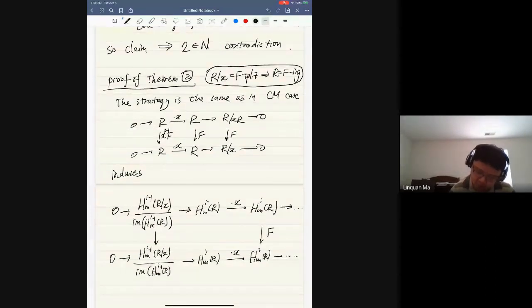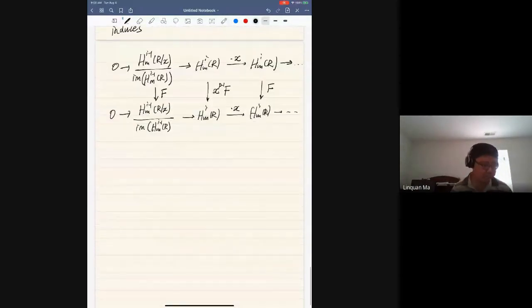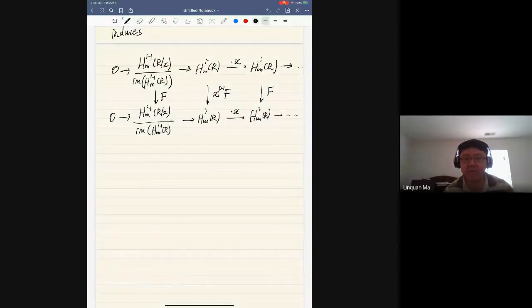This is the natural Frobenius, this is the natural Frobenius, and here I have x to the p minus 1 times capital F. Okay, so now this diagram commutes, right?